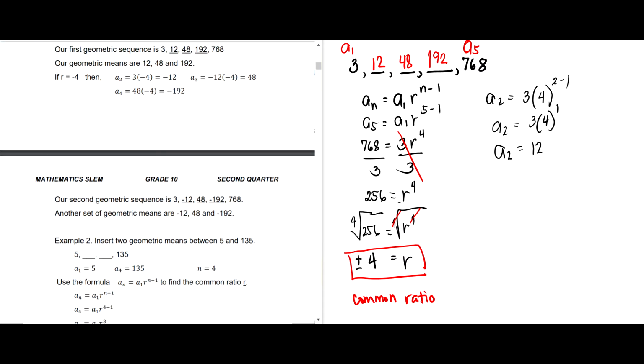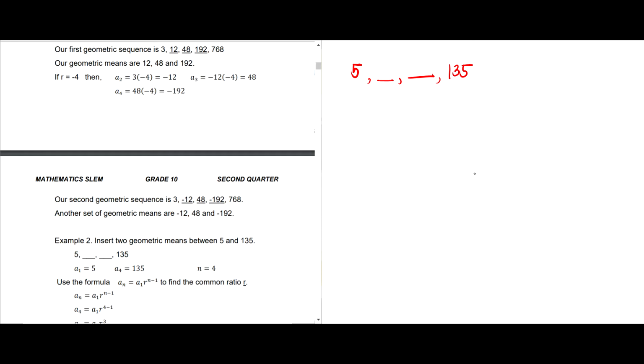So, let's have another example. Insert two geometric means between 5 and 135. So, you can see right away two geometric means. So, this is 5, blank, blank, and then 135.